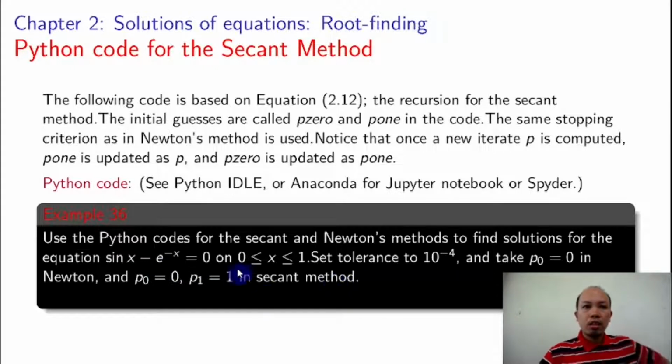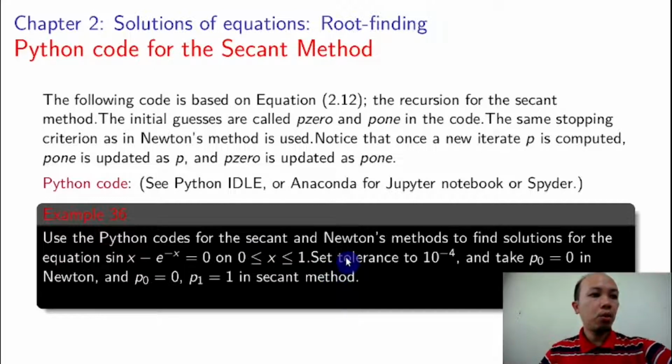Sorry, I will not solve this by hand because this is very lengthy. I will give another example before we use the secant and Newton's method Python codes for this example. So let me give you an example which is easy to follow.